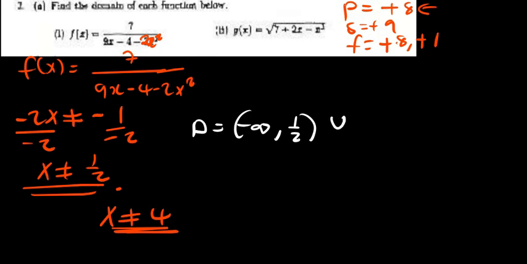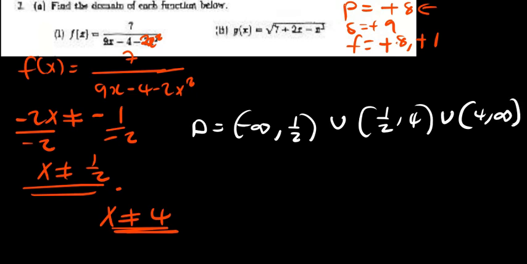Union. Any number from 1 over 2 to 4 can fit, but 1 over 2 and 4 are not part of it. That's why I've used open. Again, union. Any number from 4 all the way to positive infinity can fit, but 4 is not part of it. This is the domain.